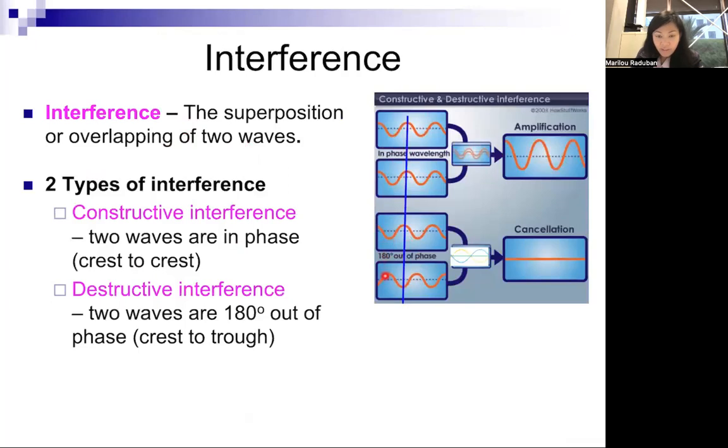So we say that they are 180 degrees out of phase, and when they superimpose, that results in the cancellation of the amplitudes. So we have here the crest coinciding with the trough, resulting in the cancellation of the amplitude. So we call this destructive interference.